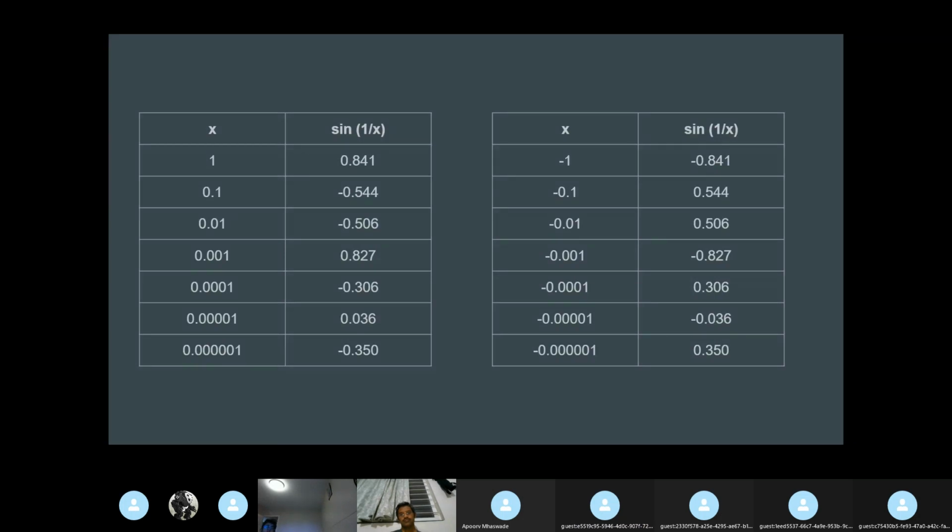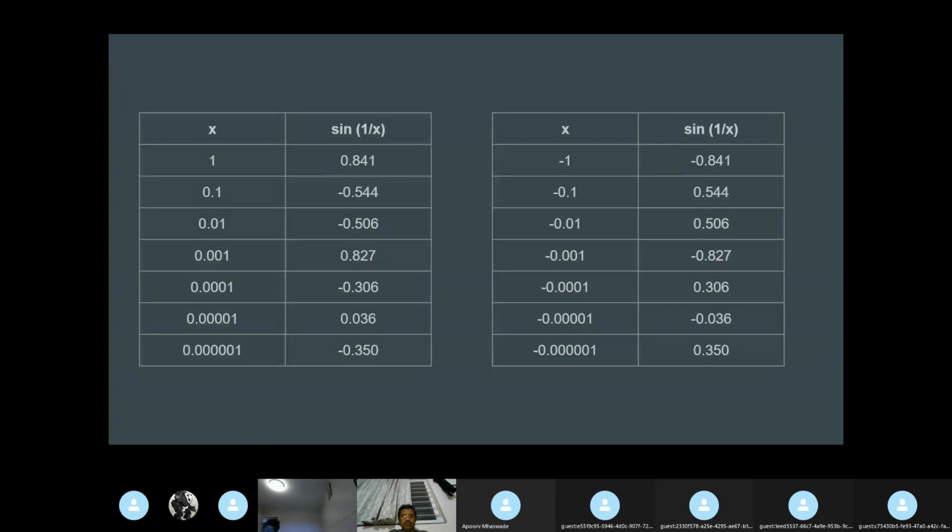Wait, so now what does the left hand side limit approach? What value would that approach? From the left hand side, 0.35.